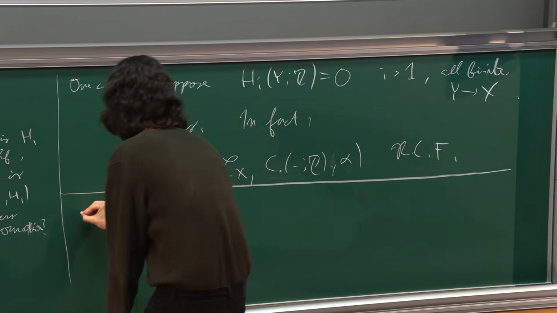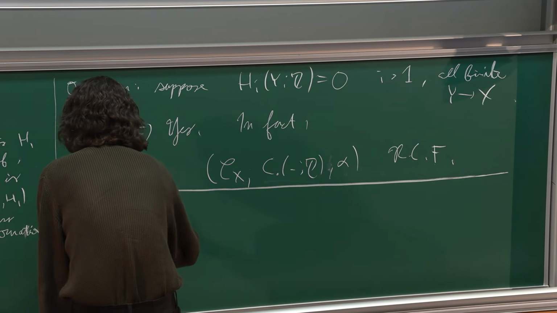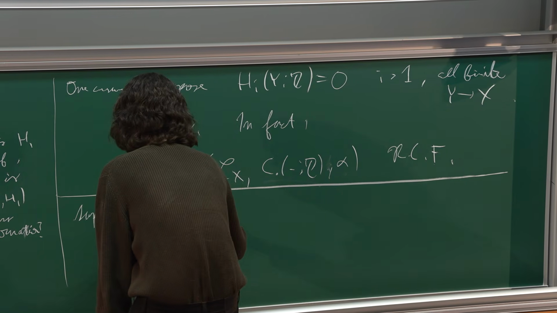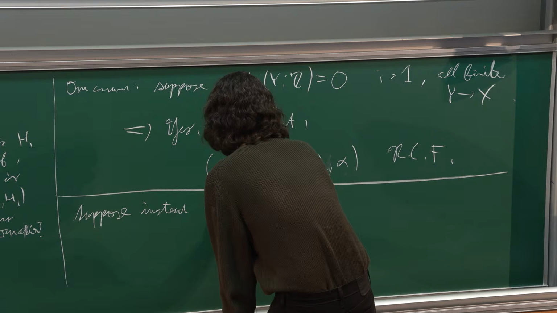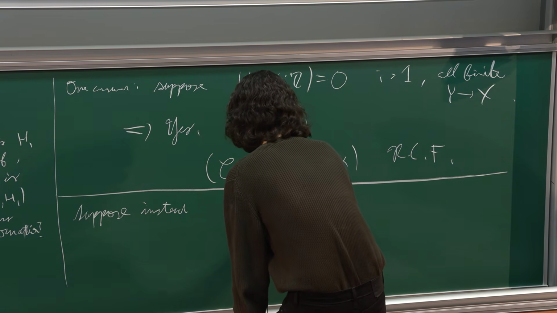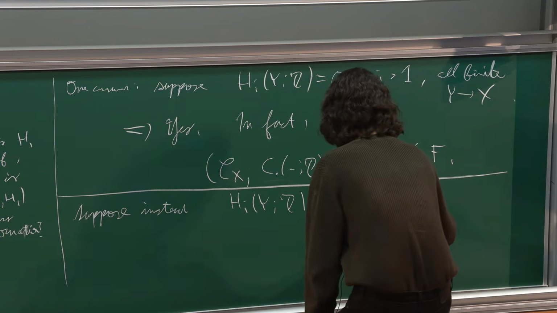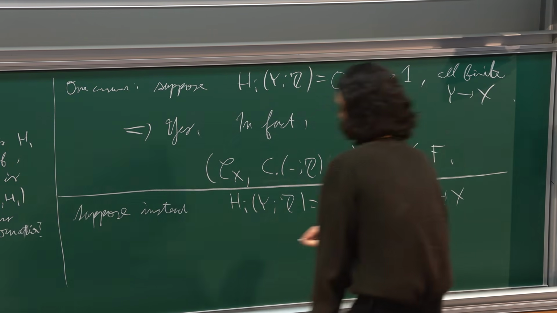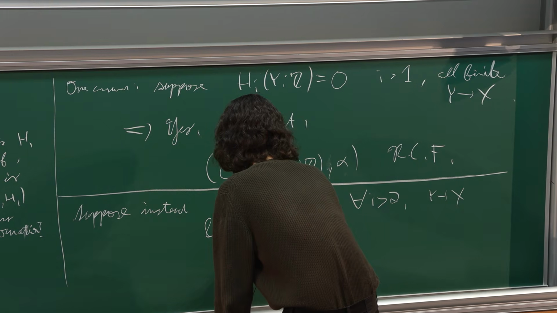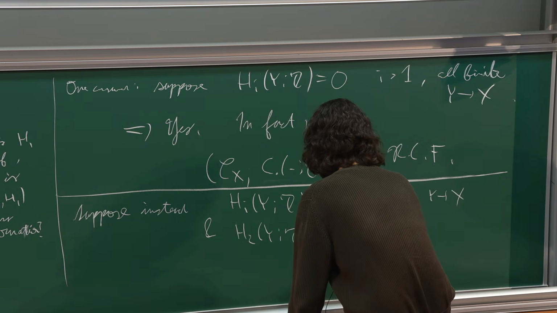So suppose, instead, a less stringent hypothesis, so that H_i(Y, Z) equals 0 for all i bigger than 2 and all Y. And suppose that H_2(Y, Z) is a finite free Z-module.